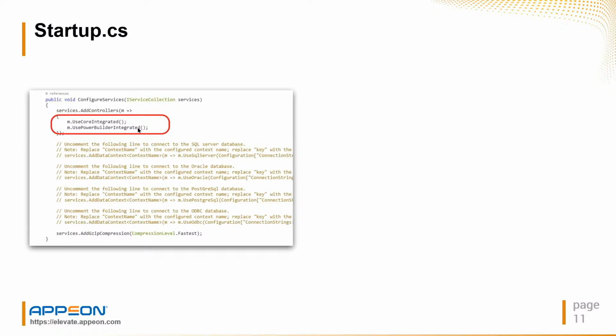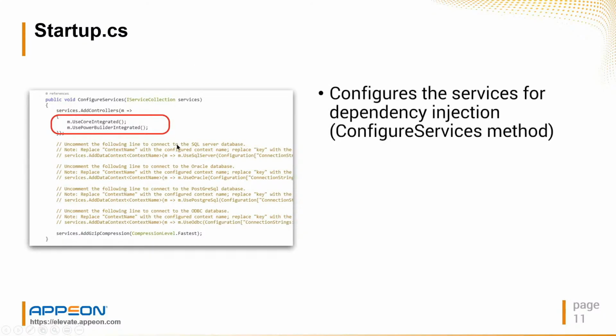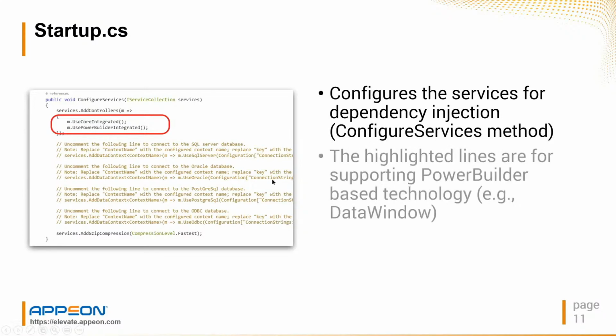So where we have this reference to use core integrated, use PowerBuilder integrated, you're not going to find those if you create an ASP.NET web service in Visual Studio, let's say. Those are specifically adding the additional features that PowerBuilder gives you.